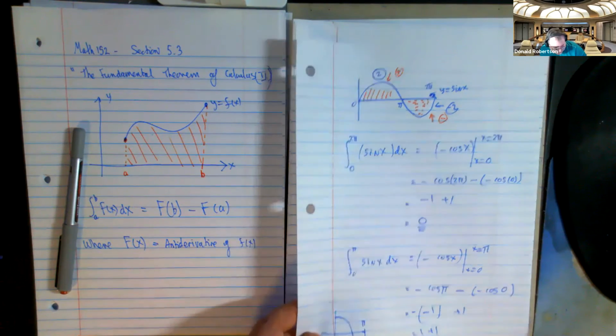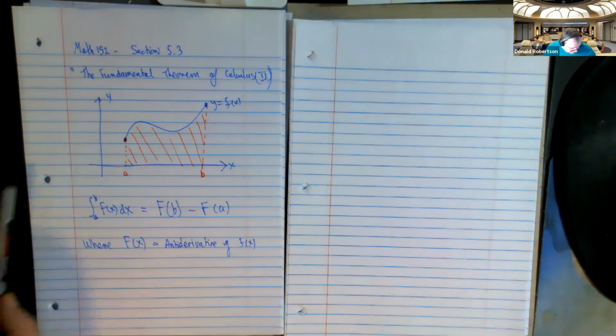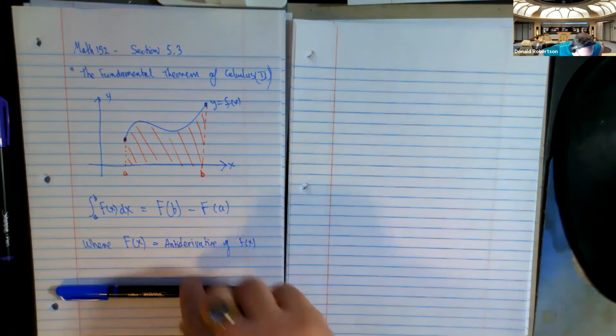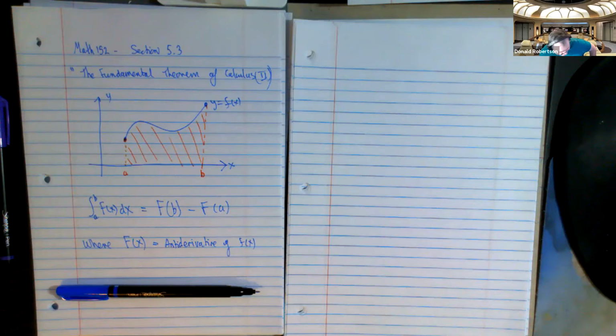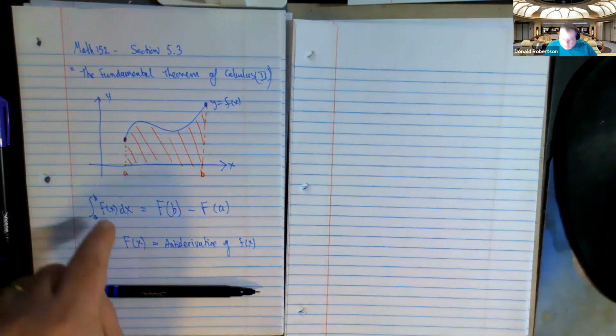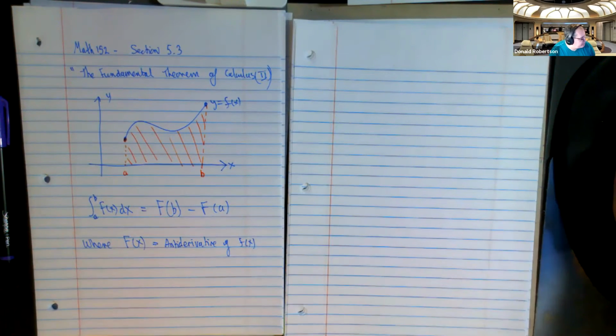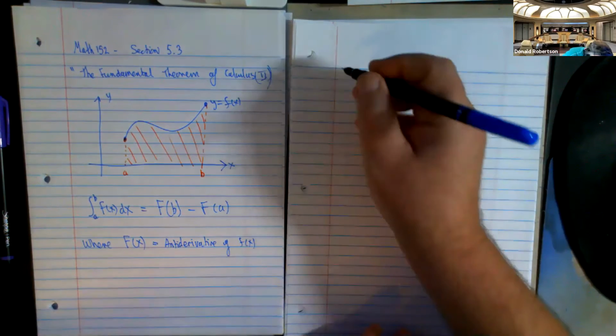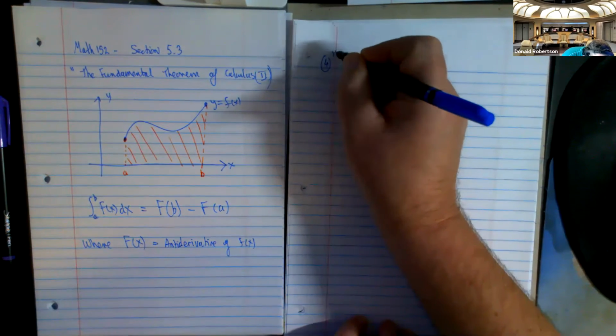So the fundamental theorem of calculus allows us to find the net area under a curve by simply getting the antiderivative and evaluating at the end, take away the beginning. So let me find some questions where we get to do that. This is similar to question 4.